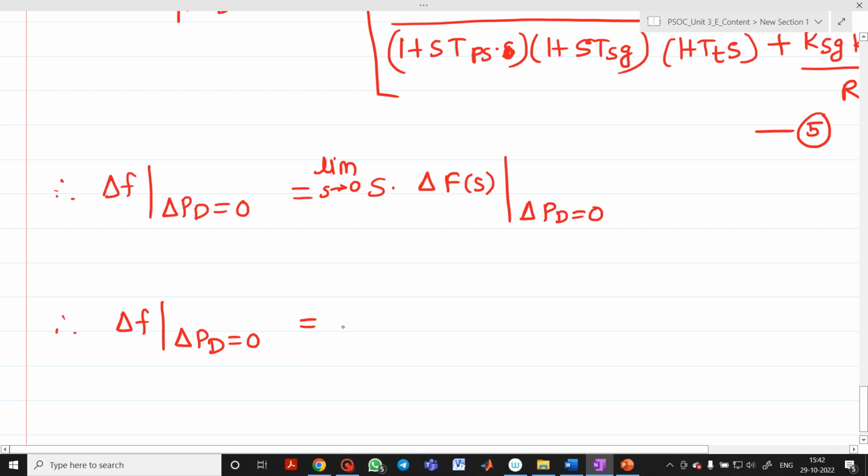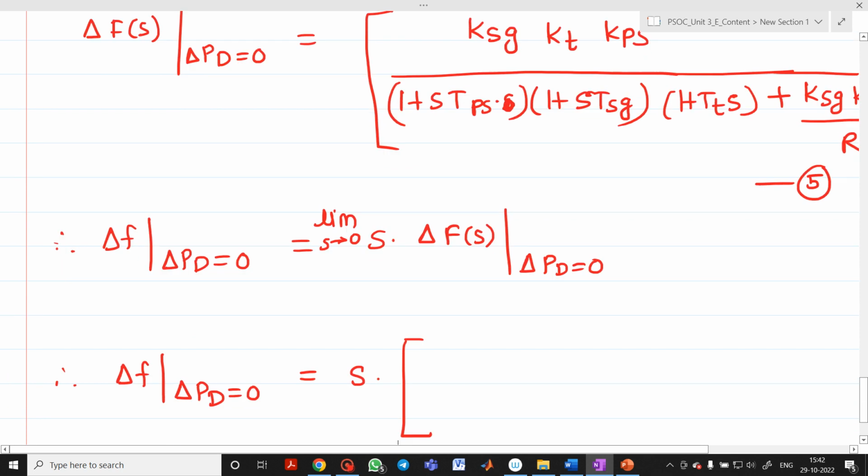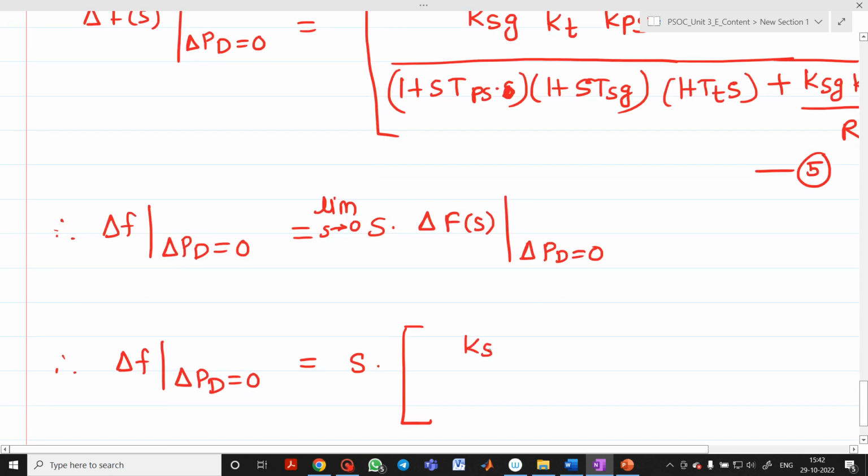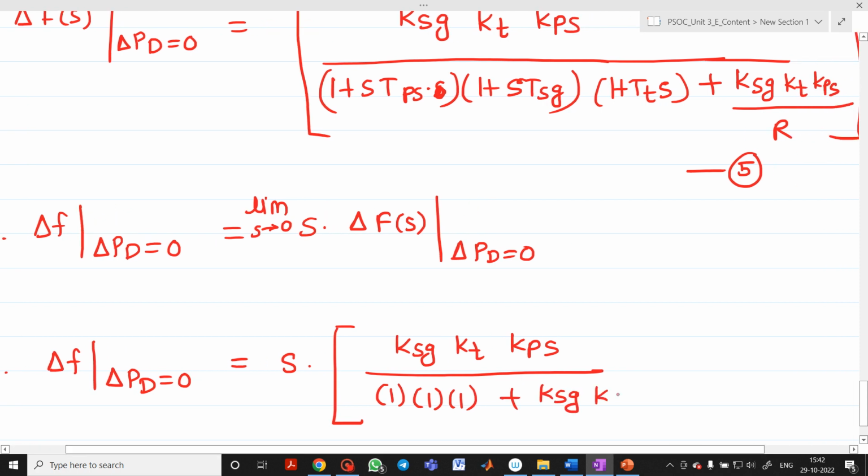I write it here, s as it is. Then here, when we put limit s tends to 0 directly, we get KSG into KT into KPS whole divided by 1 into 1 into 1, because s tends to 0, plus KSG into KT into KPS whole divided by R, and delta PC upon s.